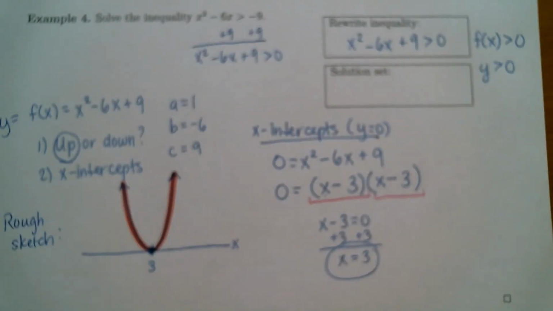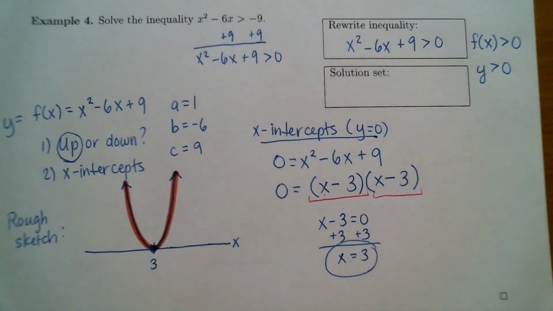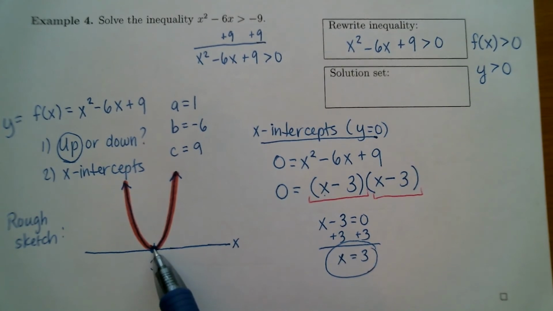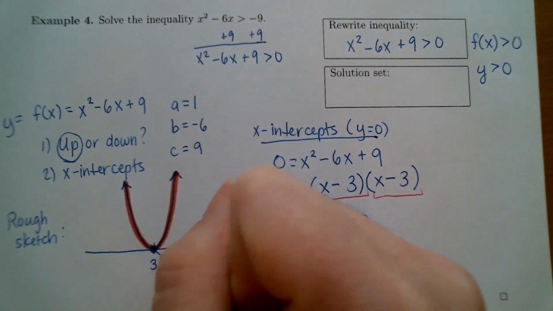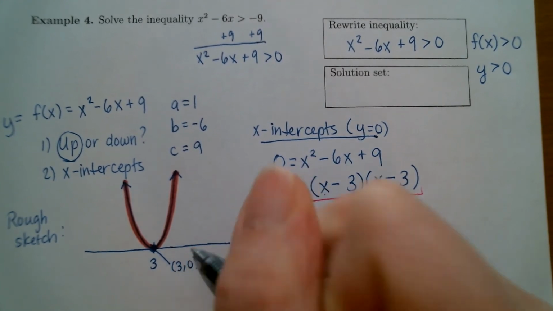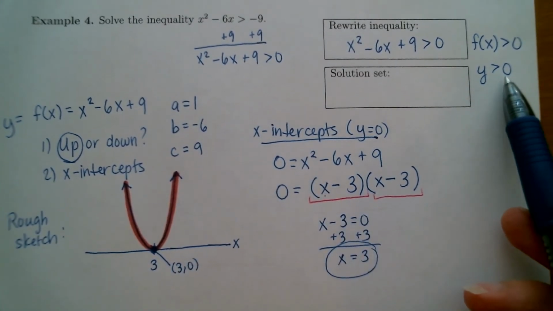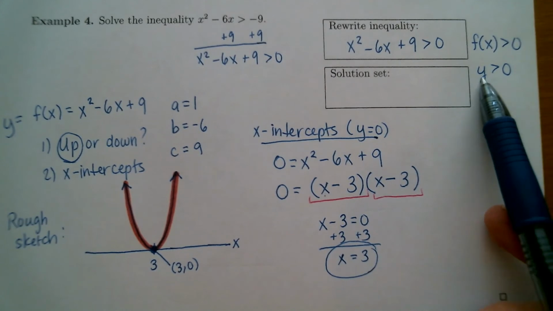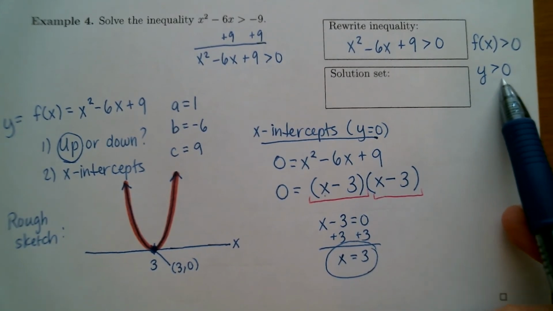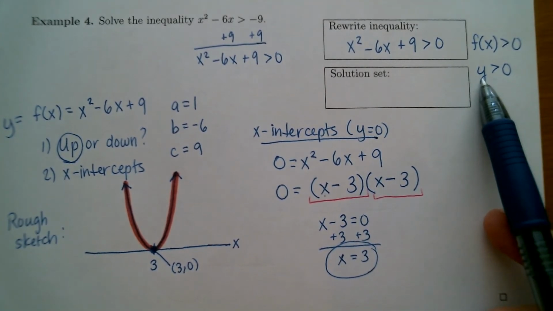At first glance, it looks like the entire parabola is above the x-axis. But remember, the vertex here is sitting on the x-axis. This point is (3, 0). When you're writing down your solution set, remember, the y value cannot be 0. The y value has to be strictly bigger than 0.